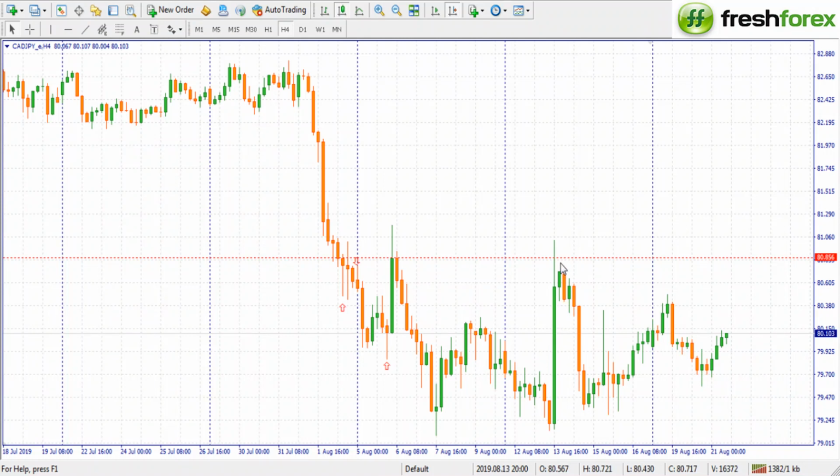It came back to the resistance, then it continued down, and we are yet to see price come back to the same point. So whatever I'm doing now is basically looking at the chart and trying to understand what the chart is saying so that I can pick a trade or exit a trade.